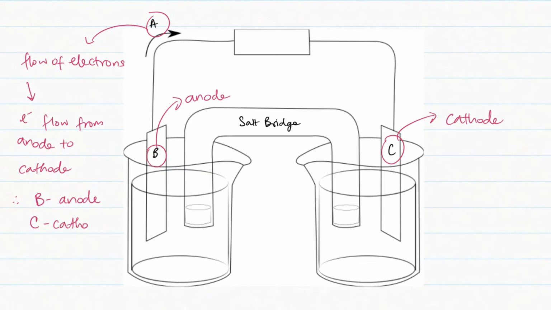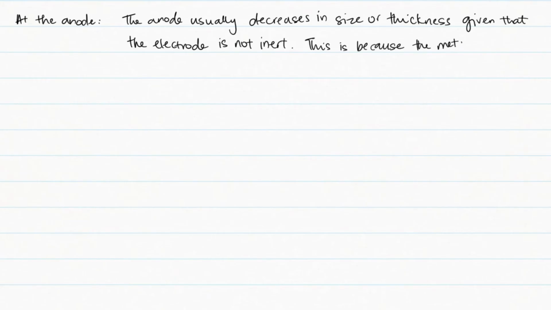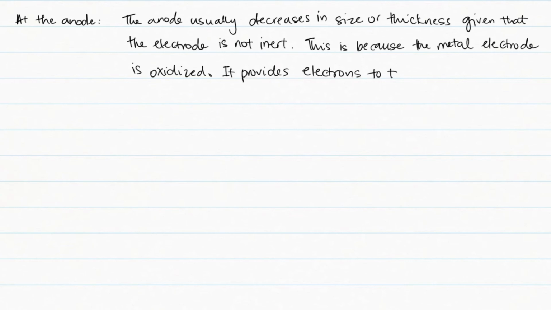During the electrolysis process in voltaic or even galvanic cells, the terms are used interchangeably, the following is generally observed. At the anode, size usually decreases or its thickness decreases, given that the electrode is not inert. This is because the metal electrode is oxidized.